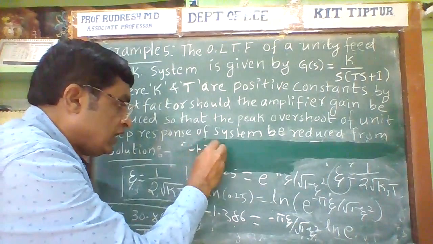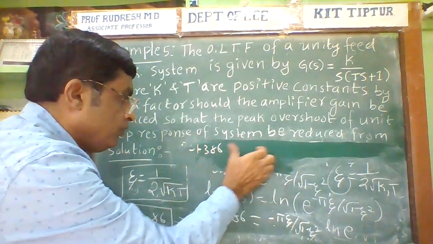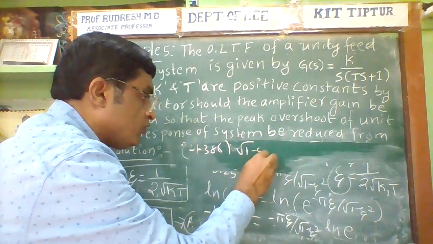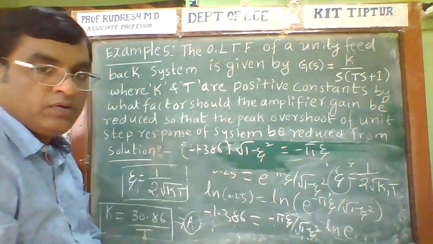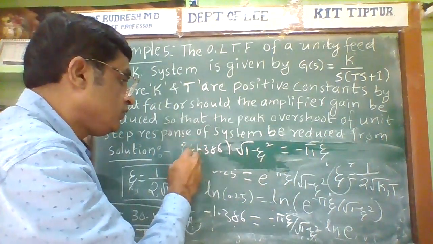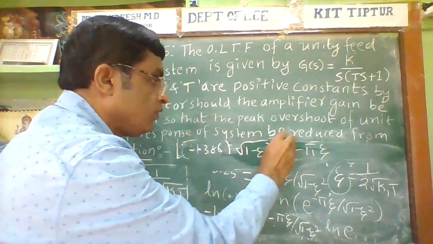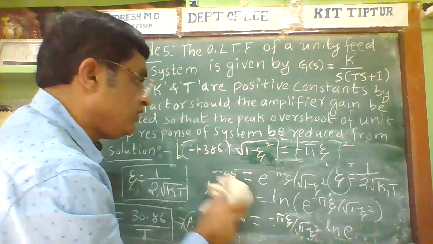Therefore, minus 1.386 into square root of 1 minus zeta square is equal to minus pi into zeta. Now square on both the sides and simplify.